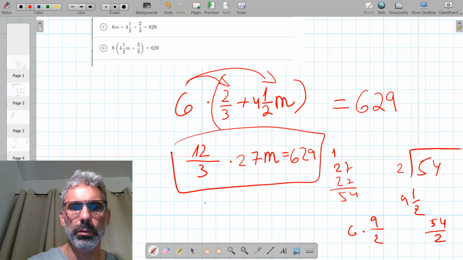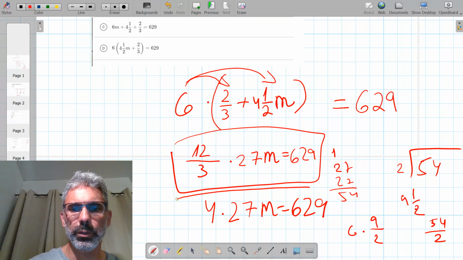Which is 12 divided by 3 is 4. So 4 times 27m has to be 629. So this is the equation.